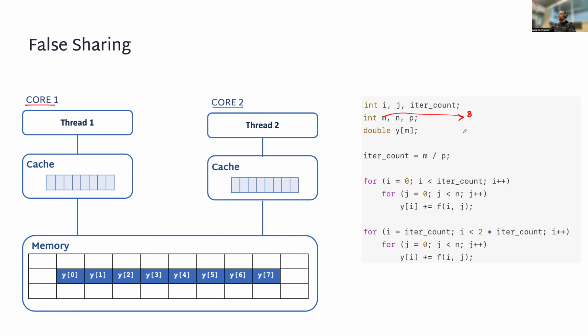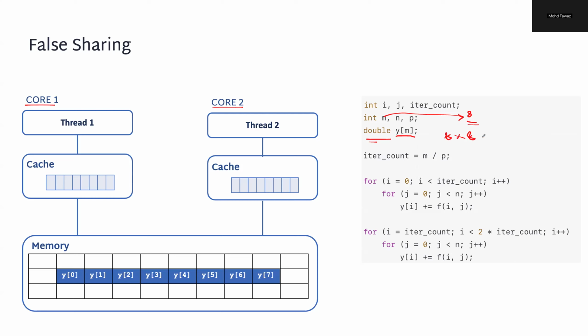So if we have M doubles, right? So Y is an array of 8 doubles, right? So in this case, how much memory does this array Y consume? Right? We have 8 doubles, right? What is the size of each double in bytes? 8.